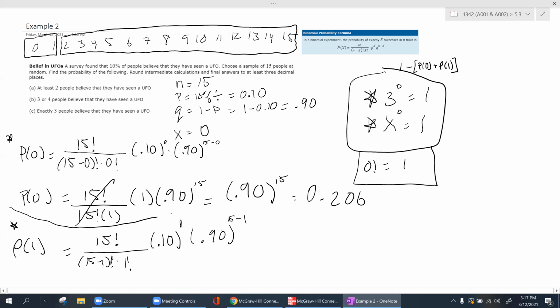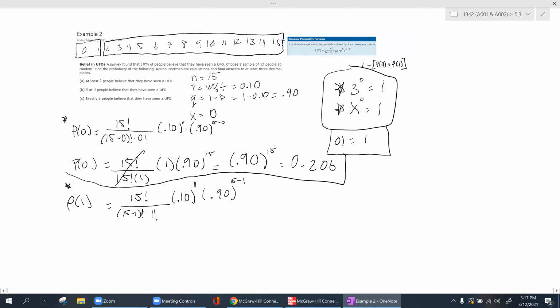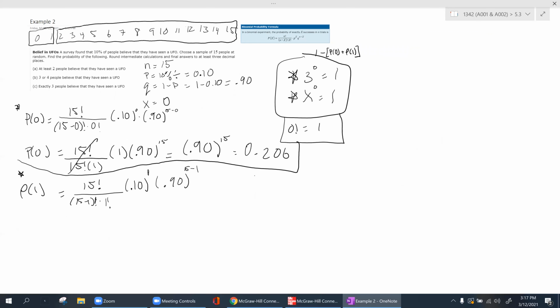For this problem alone, I have n equals 15, p equals 0.10, q equals 0.90 with x equals 1.